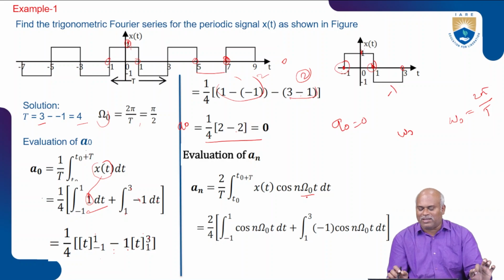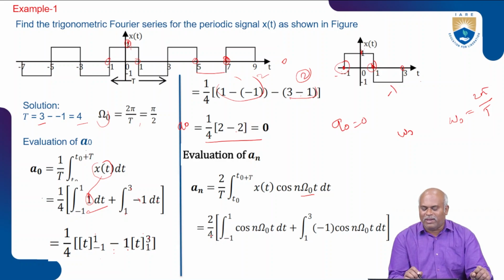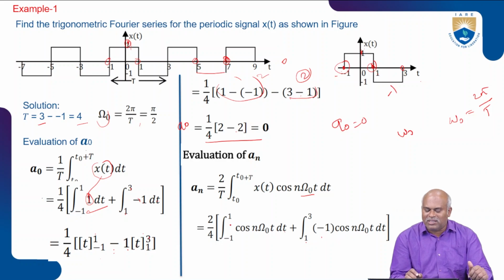Then the same position of interval of our signal, minus 1 to plus 1, plus 1 to 3. I write 2 by T as 4, integration of minus 1 to plus 1 cos n omega 0 t dt plus 1 to 3 integration minus 1 cos n omega 0 t dt. So this is plus 1, this is represented as minus 1.